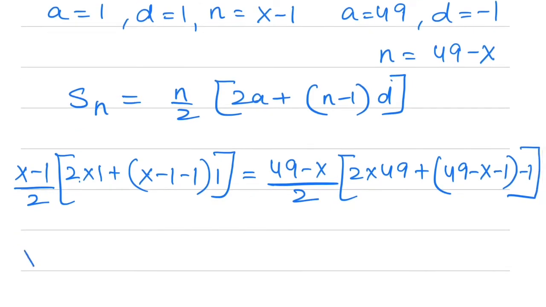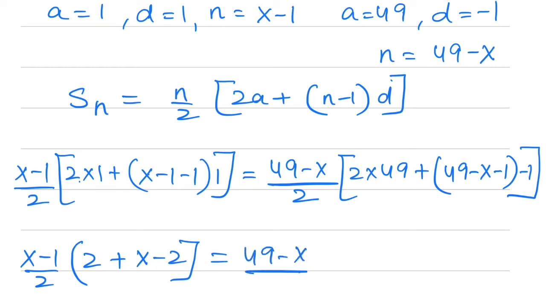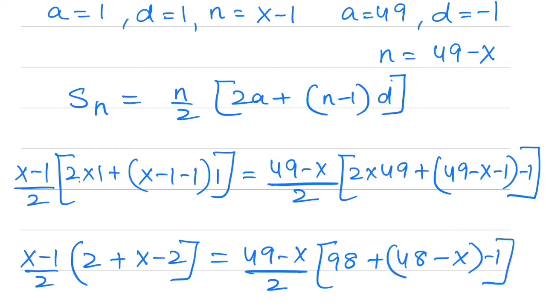So here we have X minus 1 by 2 and in bracket we have 2 plus X minus 2, is equal to 49 minus X by 2 and here 98 plus 48 minus X into minus 1.